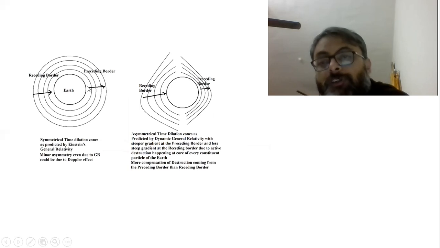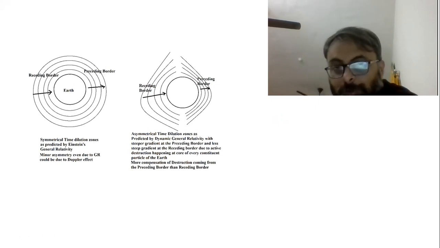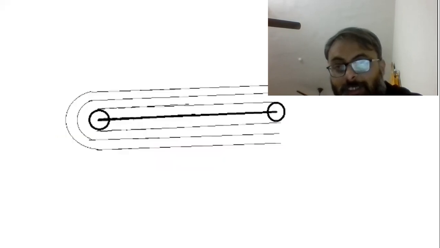So you can do this with Earth, and you can do it with the Sun also. So if you know the preceding and the receding border of the Sun, and you have multiple satellites on the preceding and the receding border, then you can find out that there is a difference in this time gradient.